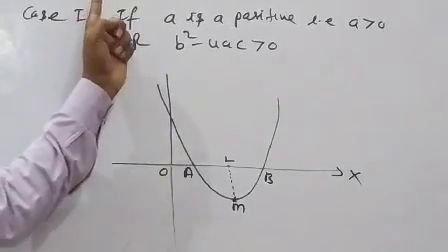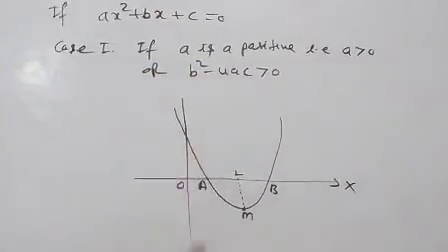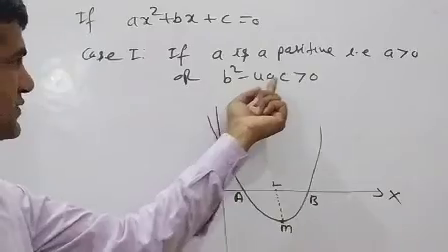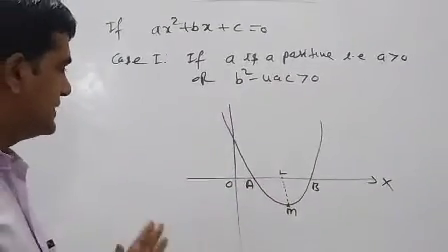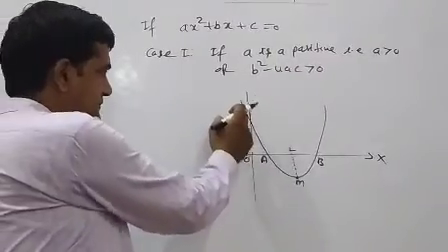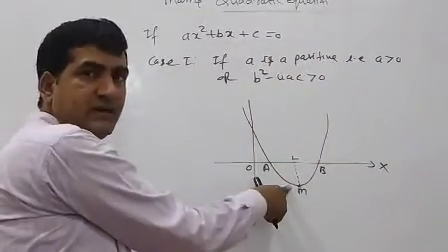If ax square plus bx plus c is equal to 0, case 1, if a is positive, that is a is more than 0, or b square minus 4ac greater than 0, then how can we draw the graph with the help of this diagram? Then if a is positive, this vertex is on the downside.